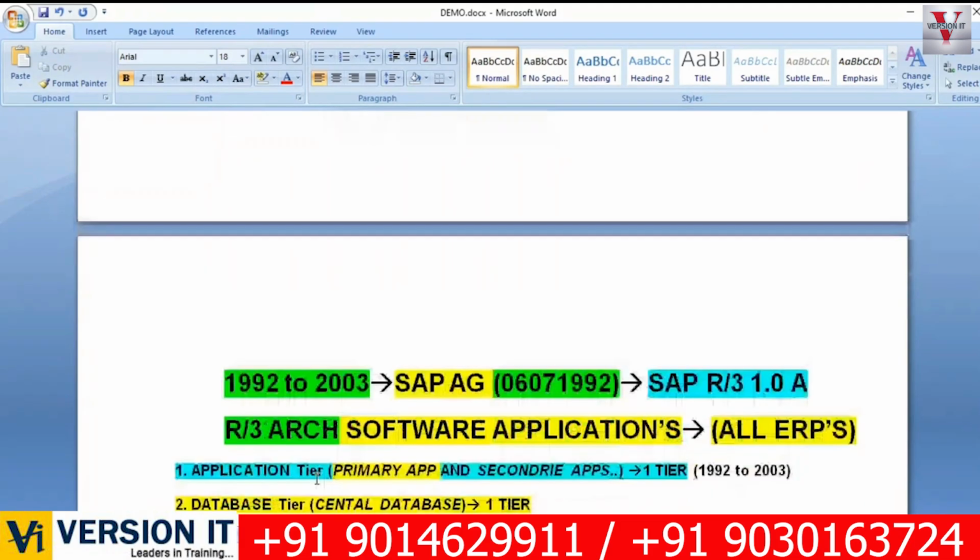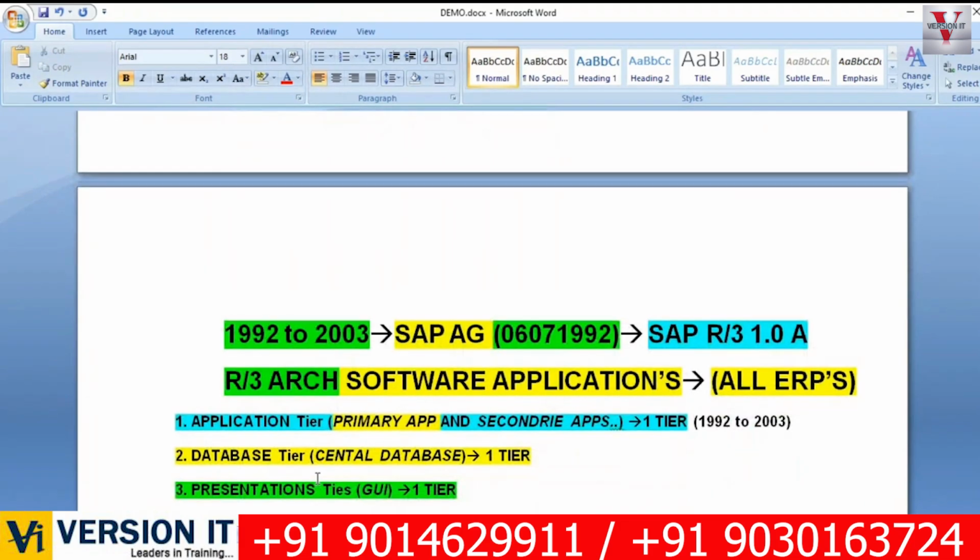How should an R3 architecture look? It should have a separate application, an individual application, which can be further classified as primary application and secondary applications.